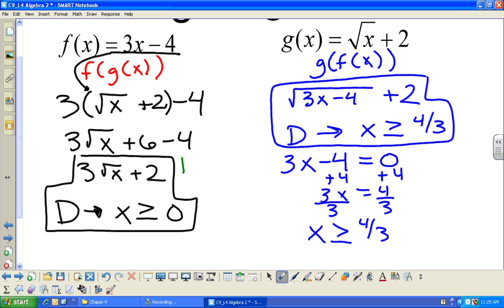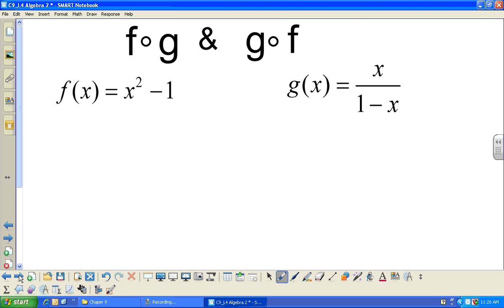So just like how x has to be greater than or equal to 0 because of negative numbers, whenever you have a square root, x has to be greater than some number. Always put whatever is underneath the square root equal to 0 to find out what that some number is.